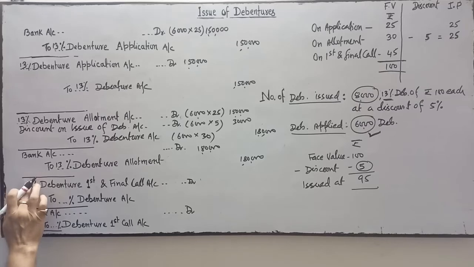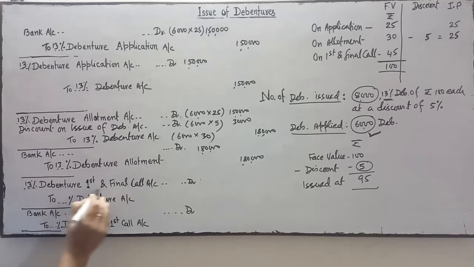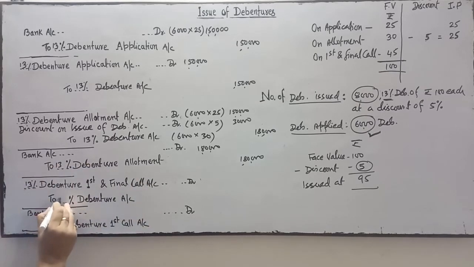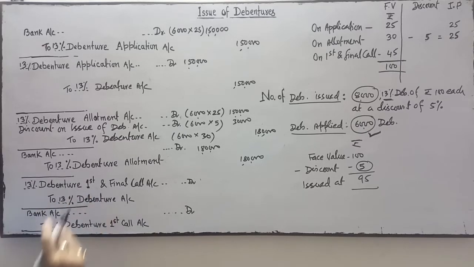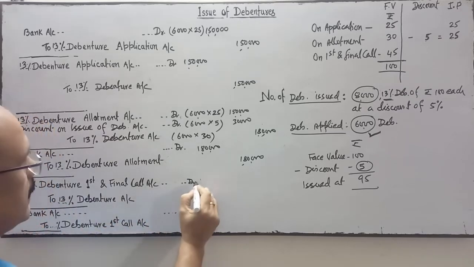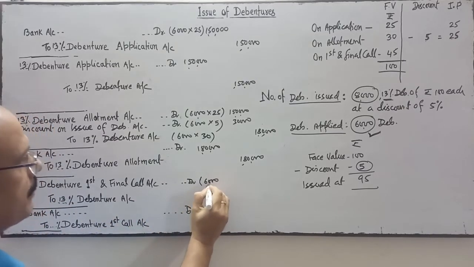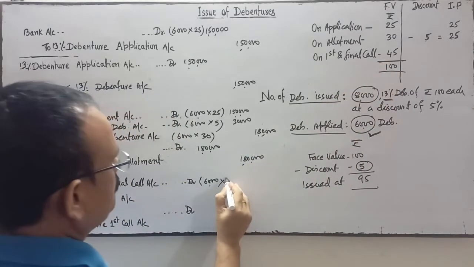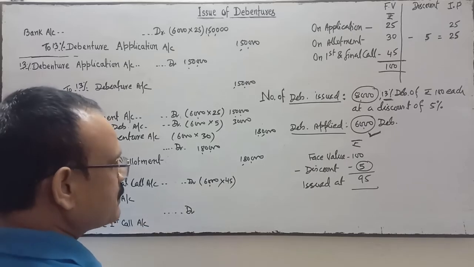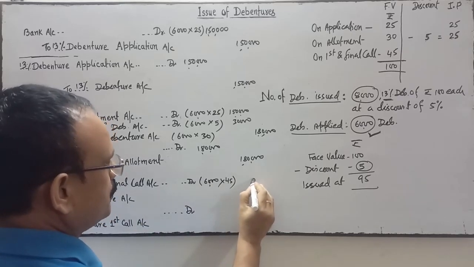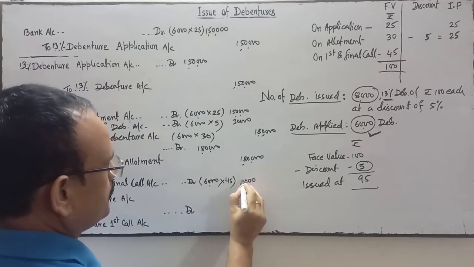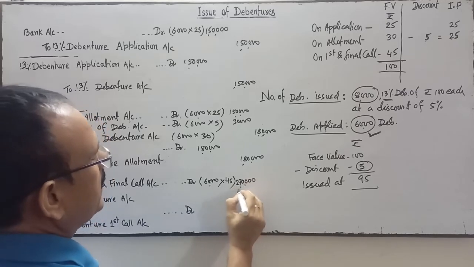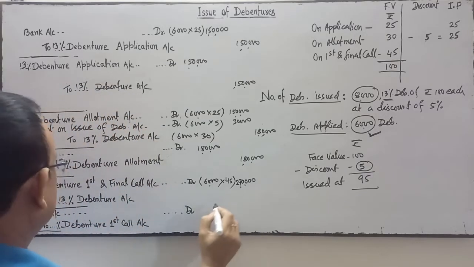Next entry is 13% debenture first and final call account debit to 13% debenture account. This is the entry for due. Here the calculation will be 6,000 debentures into 45 rupees, so 6,000 into 45 is 2,70,000.